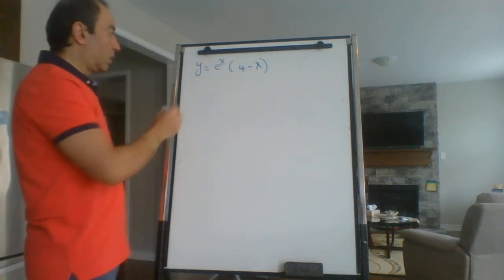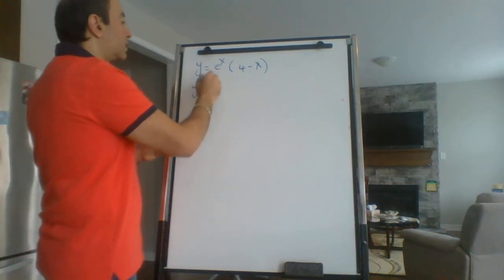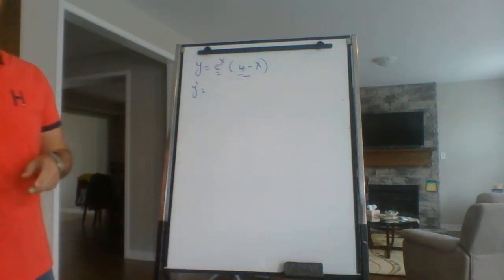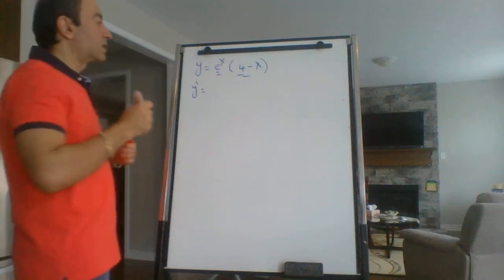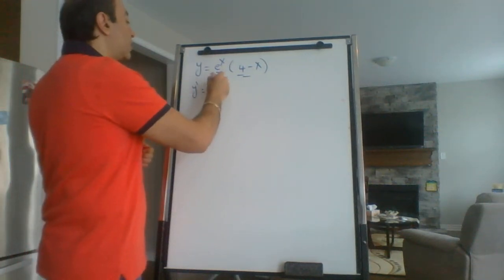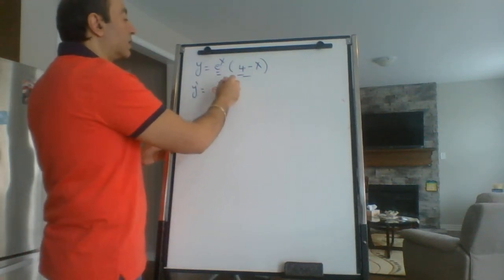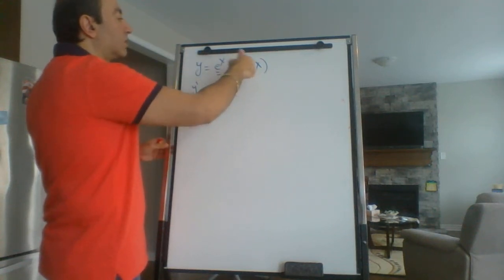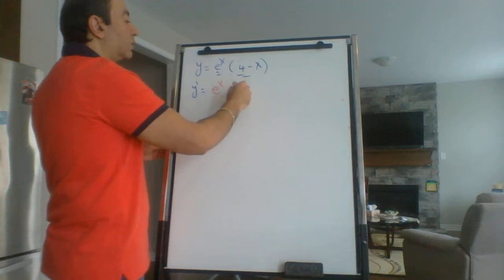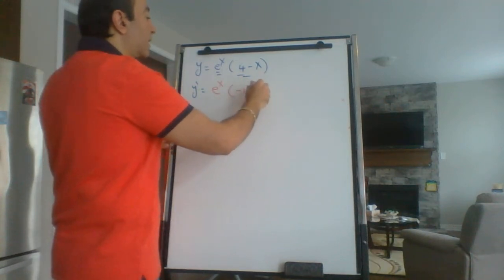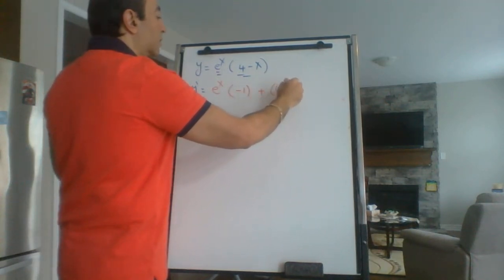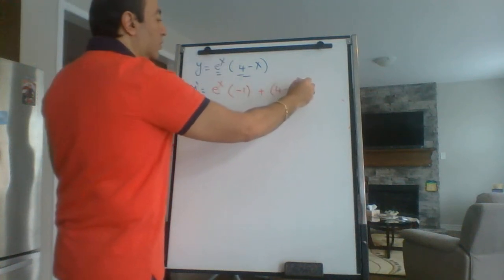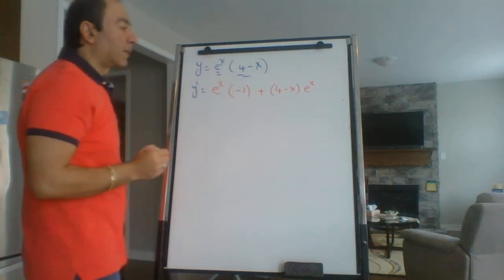So y prime: this is two functions multiplied together, so we have to use the product rule. The product rule says the first, so e to the power of x, times the derivative of the second. The derivative of 4 minus x: the derivative of 4 is 0, the derivative of negative x is negative 1. Plus the second times the derivative of the first. The derivative of e to the power of x, we all know, is e to the power of x.